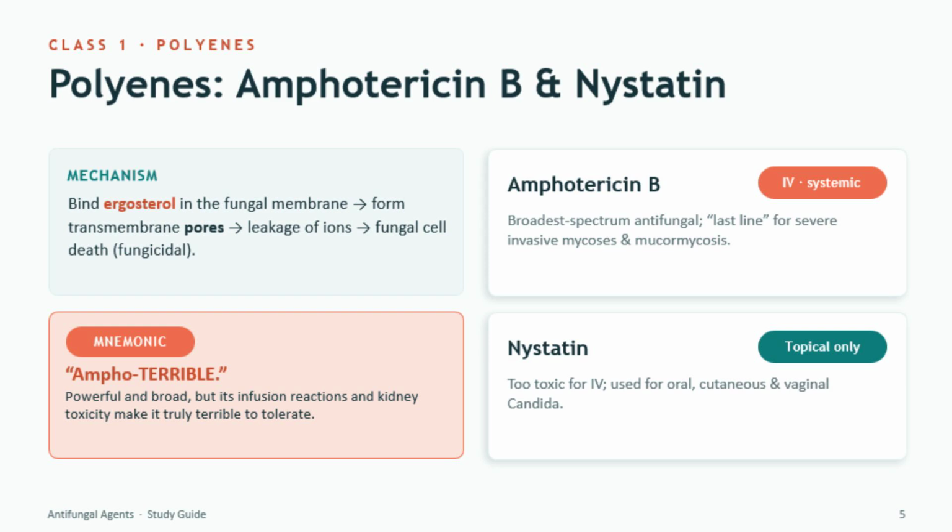But that power comes at a price, which is why the mnemonic is "amphoterrible." The infusion reactions and kidney toxicity make it genuinely hard to tolerate. Its cousin nystatin is far too toxic to give intravenously, so we keep it topical: oral thrush, skin, and vaginal candida.